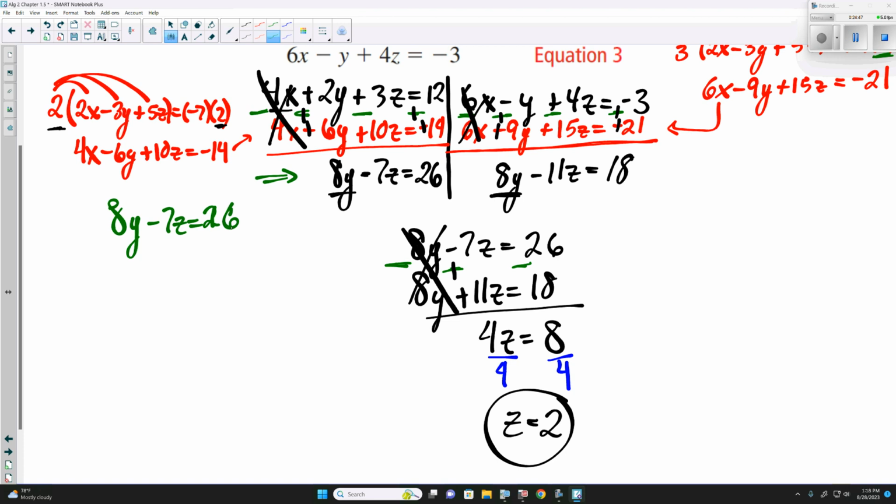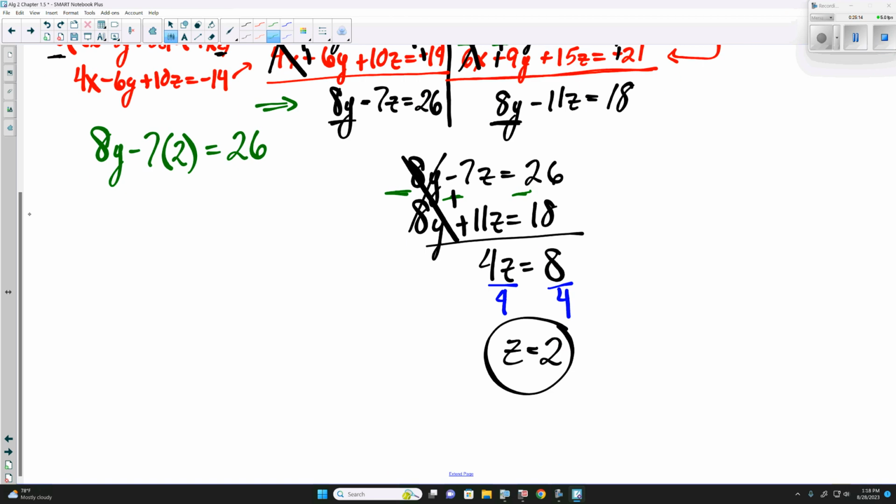8, because we have 8y. I'm going to rewrite that again. So we have 8y minus 7. Well, we know z is 2 is equal to 26. So I just take that equation and replace z with its value. Now we're going to solve for y, because this equation now only has one variable we're solving for.